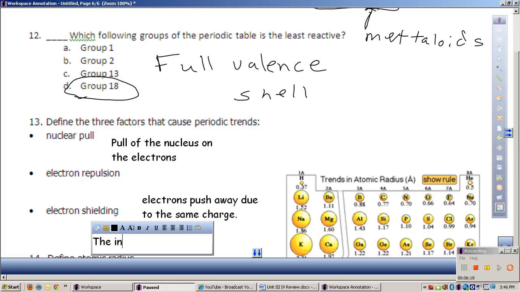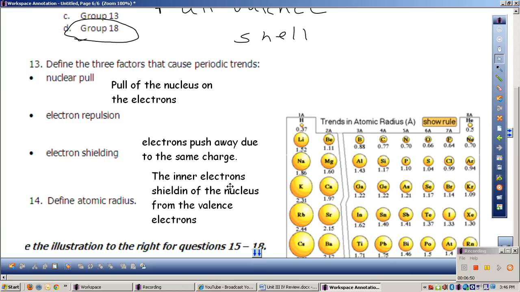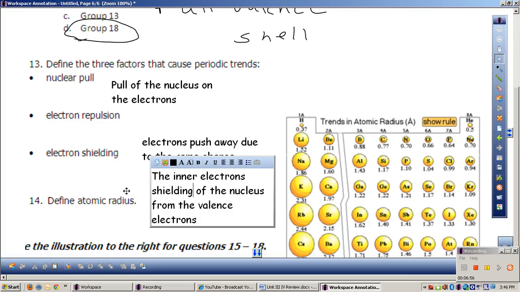Basically, it's the inner electrons shielding the nucleus from the valence electrons.